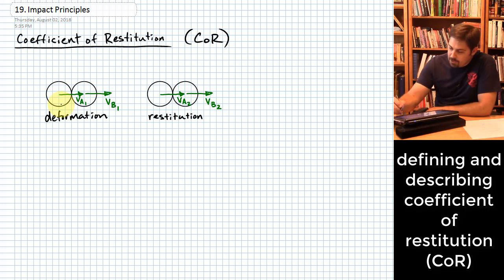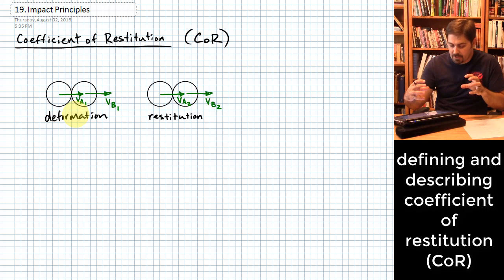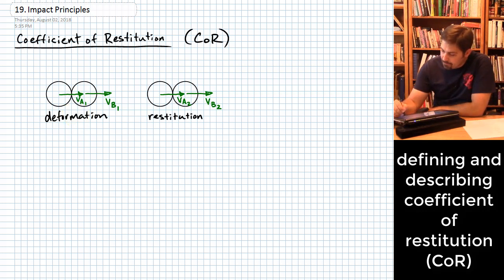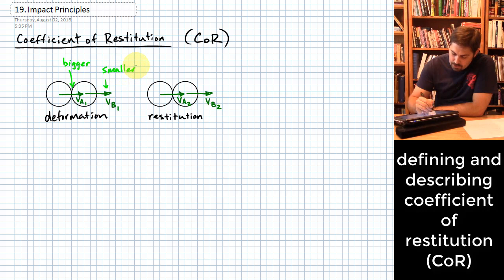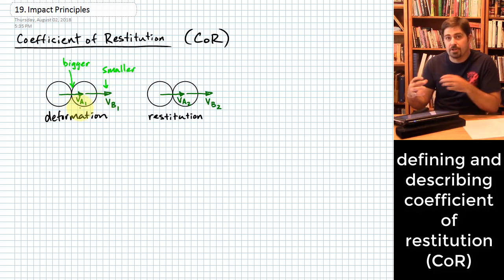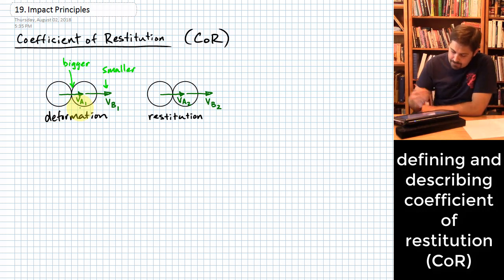The only way that they would approach each other is if, before they began this process of deforming and then going through the restitution phase, this velocity value over here is bigger than this one. In other words, if VB1 was bigger than VA1, then they wouldn't actually approach each other to be able to run into one another.